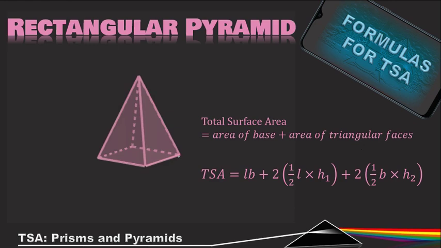If it's just a normal rectangle with different lengths and breadths, you're going to have to calculate the 1 triangle here and multiply it by 2, and then this triangle and multiply it by 2. But each sum has its own scenario.